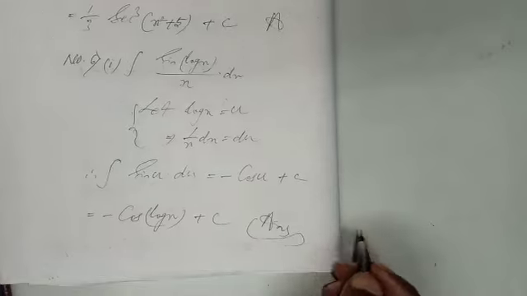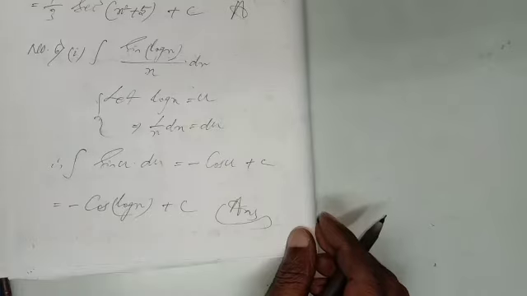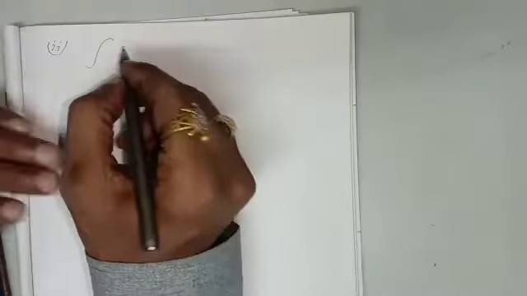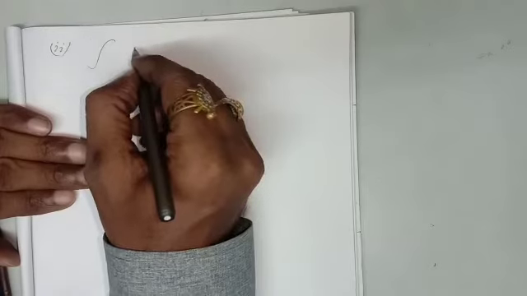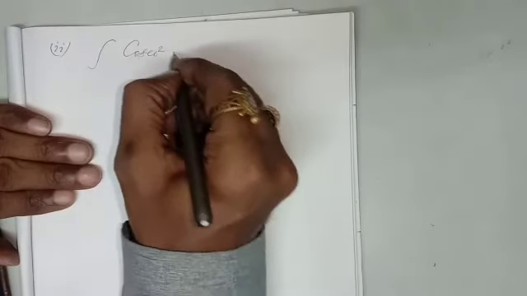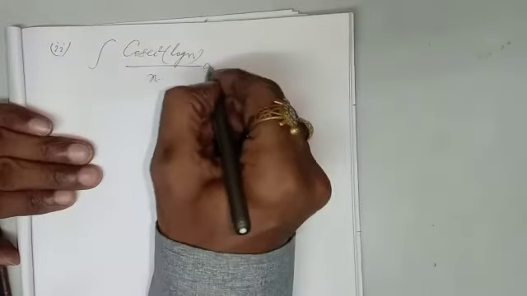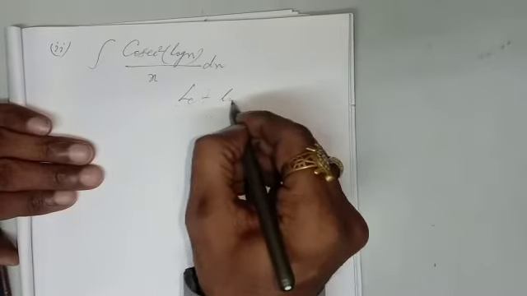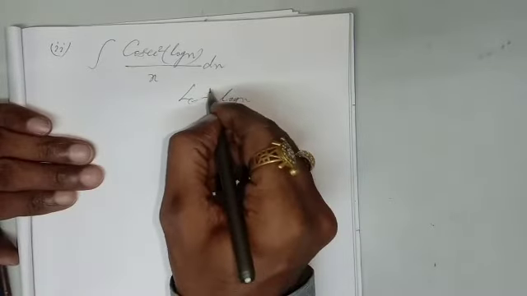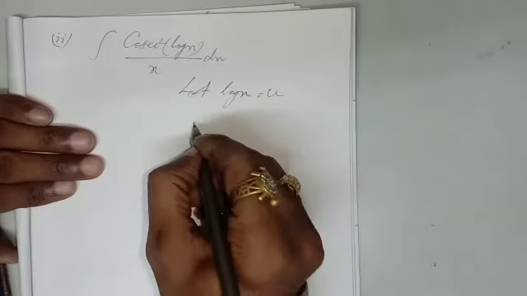Number 6, first part. I think it is clear for you. Let us go to 6, second part. Question number 6, second part, the question given is cos square of log x whole divided by x into dx. Let log x be u. So what is the derivative of log x?